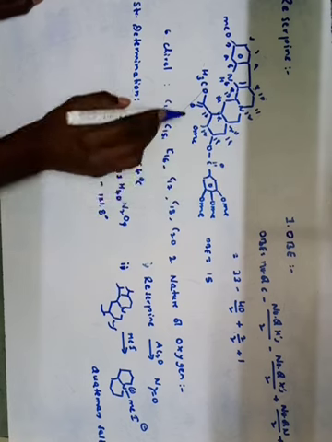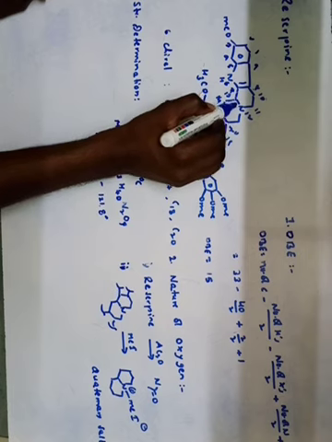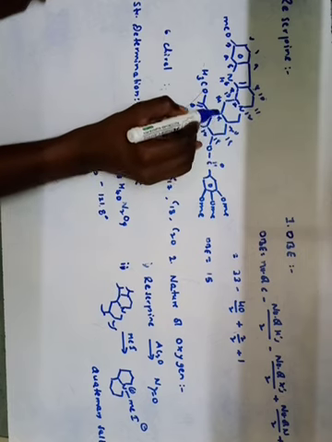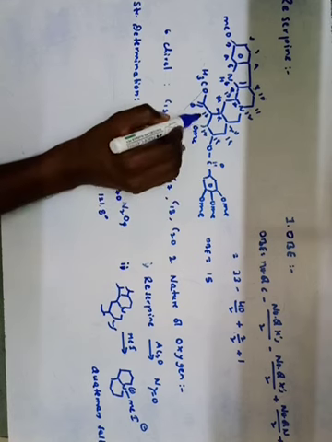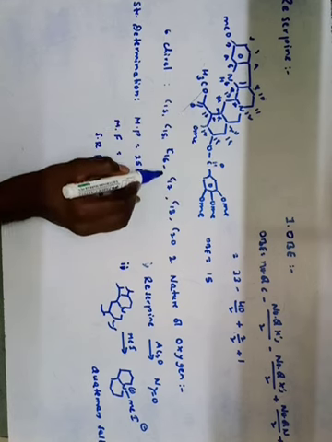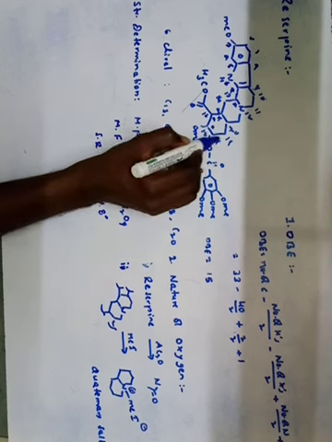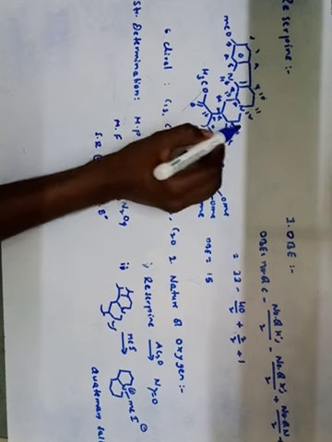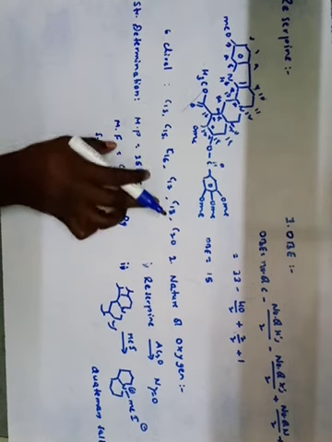At C13 this carbon has a chiral center, and C15 has a chiral center, C16 has one, C17 also, C18, and C20 here. So this is the Reserpine structure, and it has 6 chiral centers.